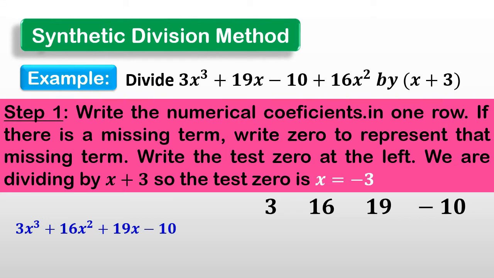To identify the value of the test 0, let's just look at the divisor of the problem and then solve for x. In this case, our divisor is x plus 3. And the value for x is equal to negative 3. Okay, so let's put it to the left side of the row. Let's proceed to the next step.